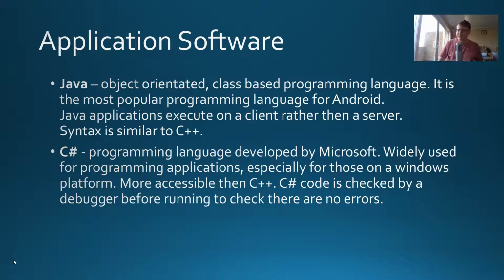C# is a reasonably new programming language developed by Microsoft. It's quite common to use C# as maybe one of the first programming languages that you develop, because it's a lot more accessible. Now you can develop C# using things like Visual Studio.